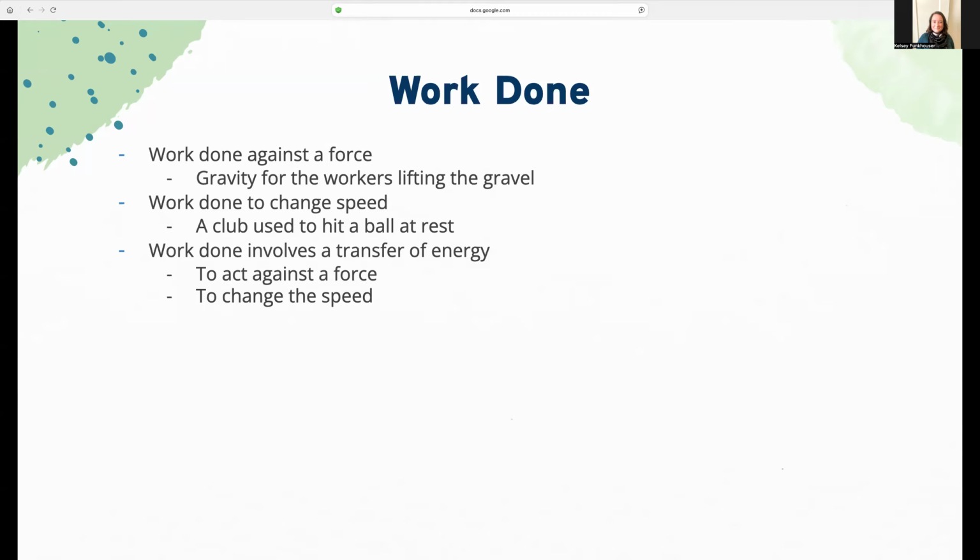So at first the golf ball's just resting there and then it's hit by the club, which is doing work on it. And that changes its speed from no speed to whatever speed you hit it with, unless you miss. And the work done involves a transfer of energy, either to act against a force or to change the speed.